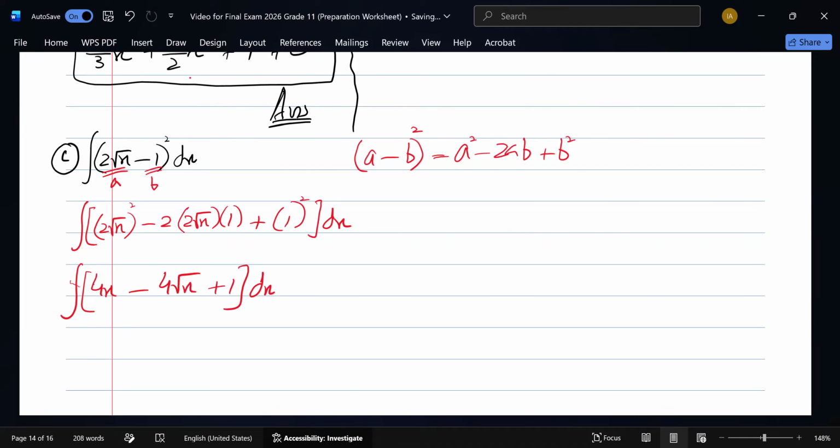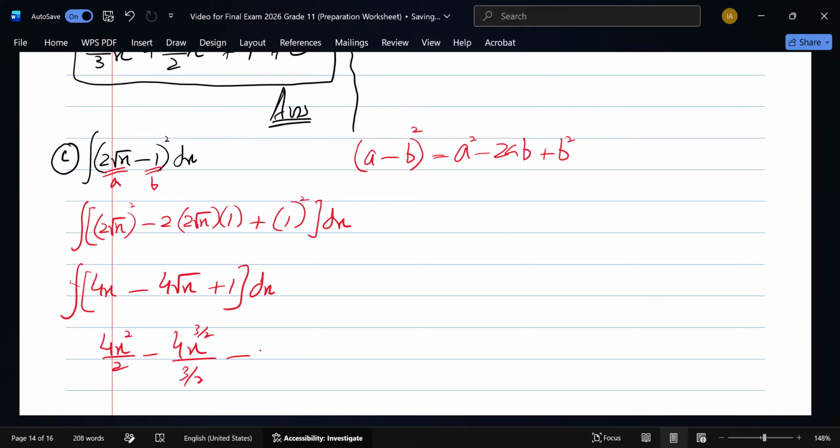Okay, let's integrate each term. First is going to be 4x power 2 upon 2 minus 4x power 3 upon 2, 3 upon 2, minus. So it's going to be 1.